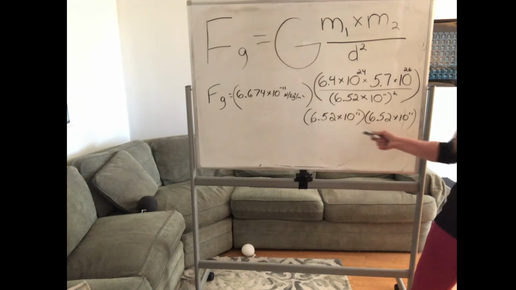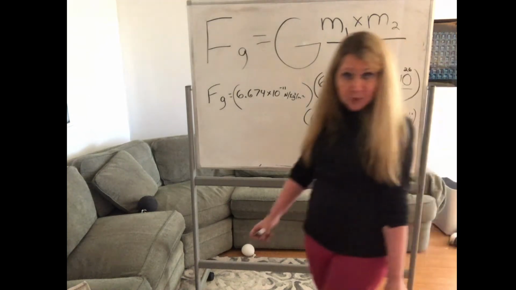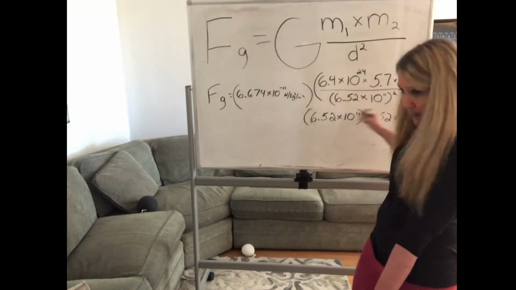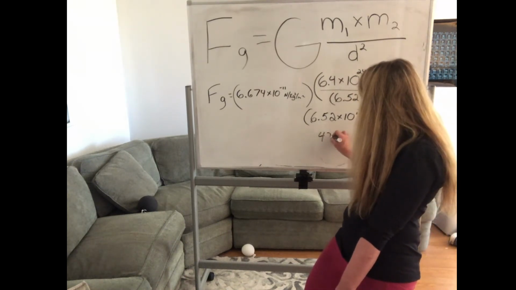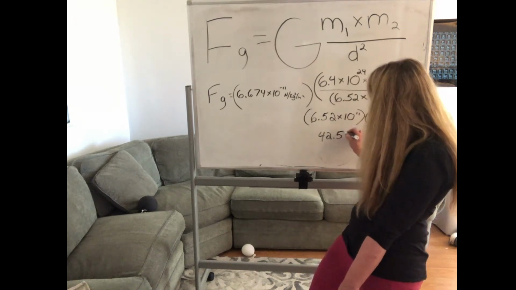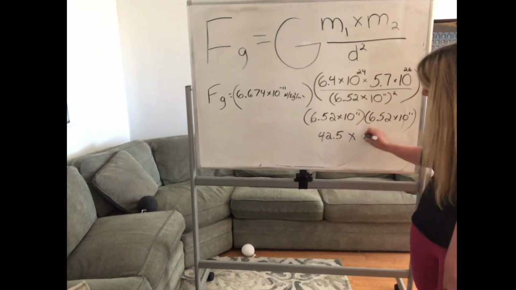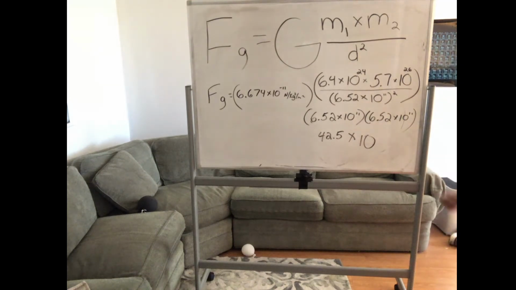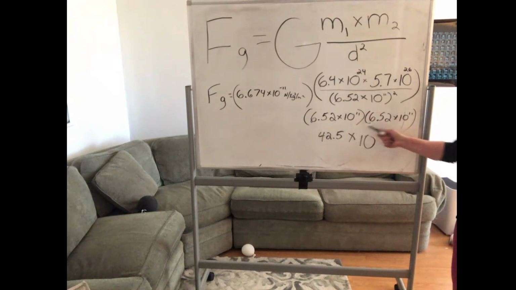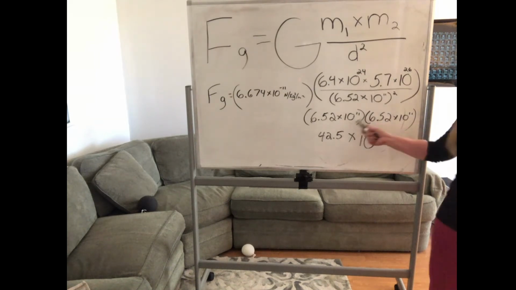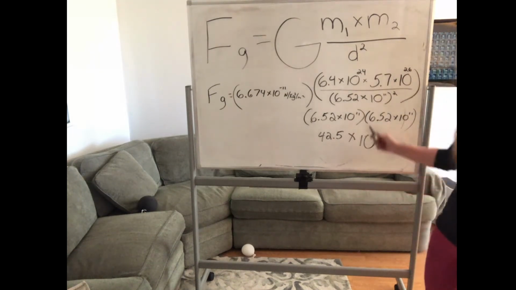So these two, 6.52 times 6.52. Rewrite this denominator. So the denominator, 42.5. Now this is what's easy with scientific notation. When we're multiplying two numbers that are written in scientific notation, you just first multiply the first numbers times 10. The exponent, in multiplying, you add exponents. So you're adding 11 and 11, 22.